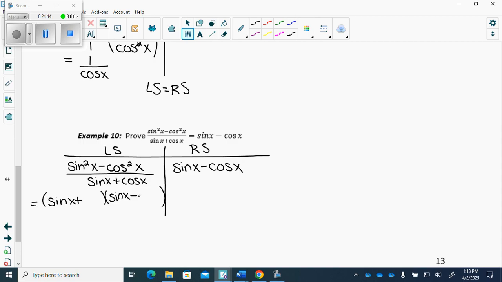Square root of cos squared x? Cos x. Over sine x plus cos x. Cancel, cancel, and I'm left with the right-hand side.